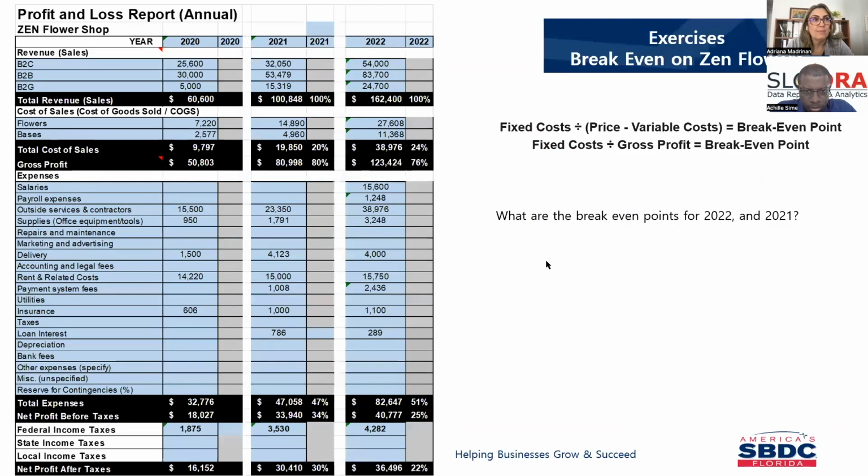So going back to this, now we're going to do that exercise from break even. Based on these numbers that you saw here, this is the break even point, the way we, here's a formula. Somebody wants to do a quick math.